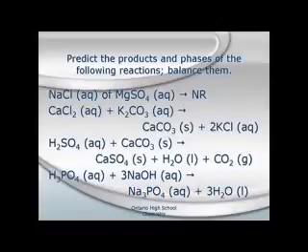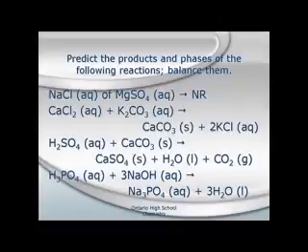In the next reaction, we have an acid, sulfuric acid, being added to a metal carbonate, and this is one again where you want to form carbon dioxide, liquid water, and a salt. In this case, the salt would be calcium sulfate, CaSO4.